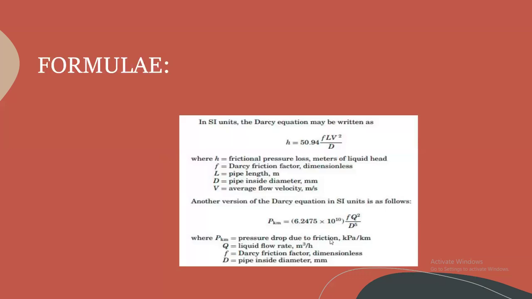So you need to take note of the units. Otherwise, if you make a mistake, you'll get a wrong pressure loss. Then your pump will be wrong. It will be oversized or undersized.